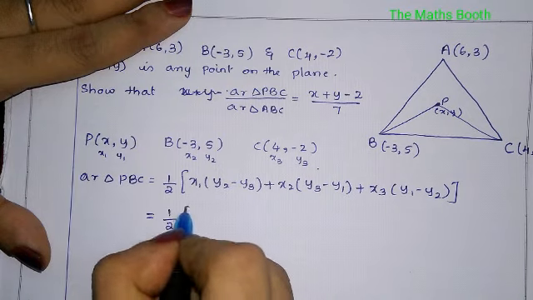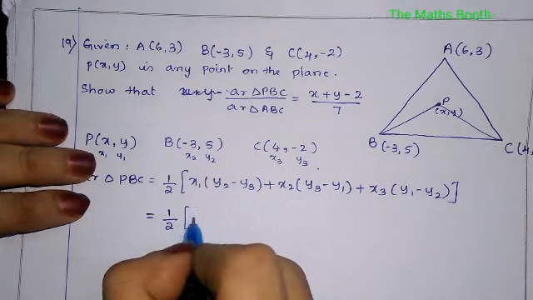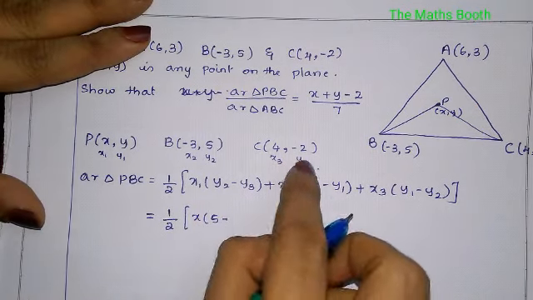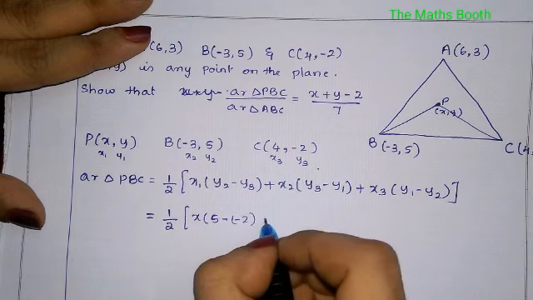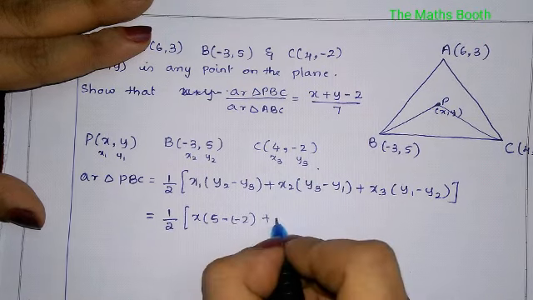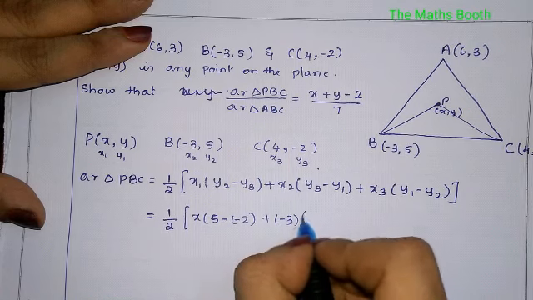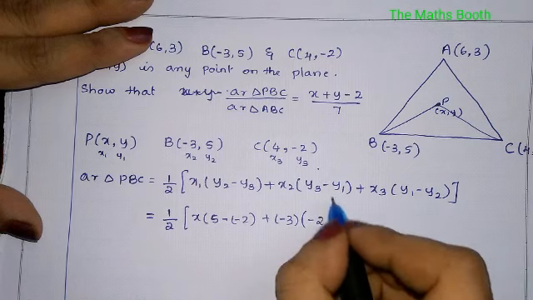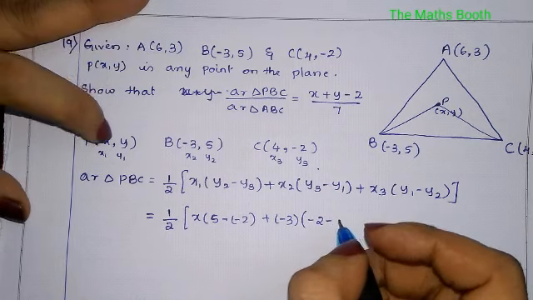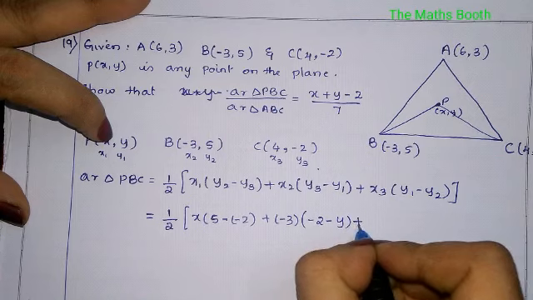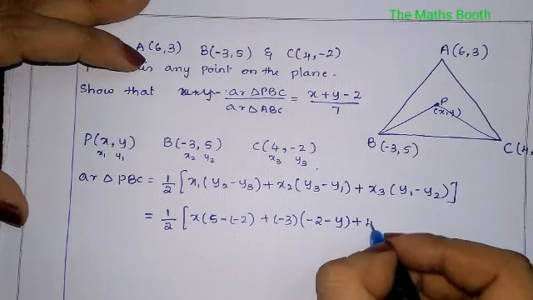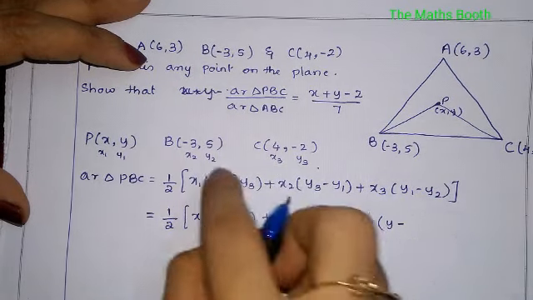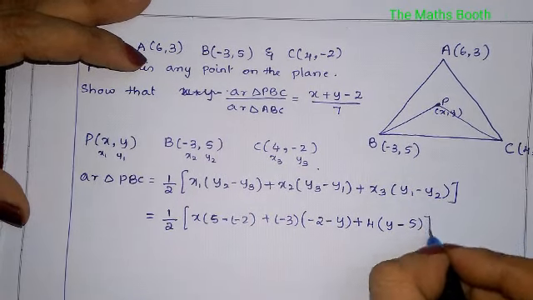Half as it is, x1 is x, y2 value is 5 minus y3 value is minus 2, plus x2 value is minus 3 and y3 value is minus 2 minus y1, which is y, plus x3 which is 4, y1 value is y minus y2 which is 5. Now let us solve.